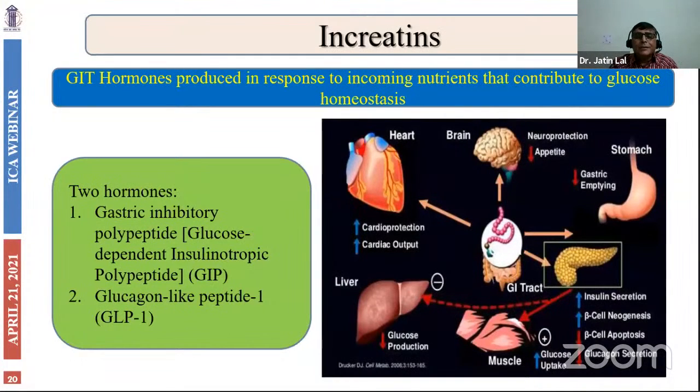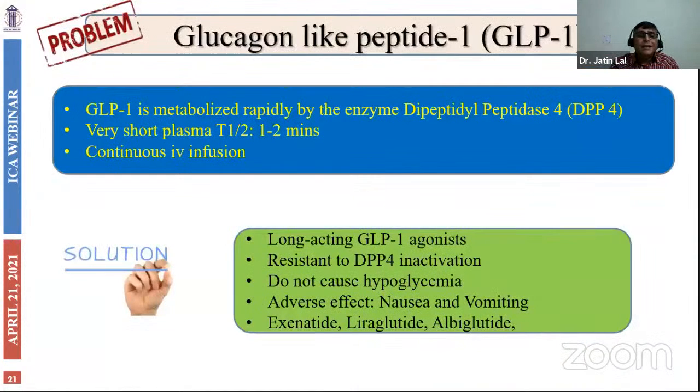Then coming to another group of drugs, the parenteral drugs, the incretins. Incretins are basically GIT hormones produced in response to incoming nutrients that contribute to glucose homeostasis. There are two types of incretins, gastric inhibitory polypeptide and glucagon-like peptide 1. GLP-1 is metabolized rapidly by the enzyme dipeptidyl peptidase 4.